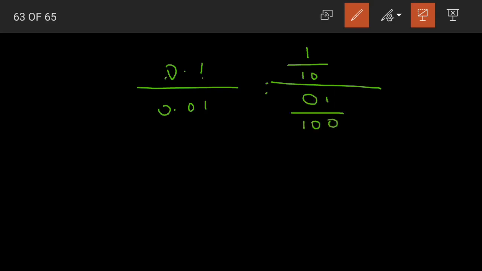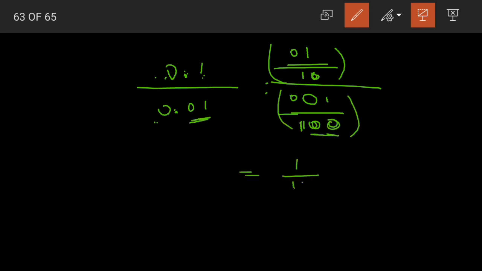Here 0.1, if I have to remove the decimal point, I have written 10 as the denominator for it, and then for the denominator 0.01, I have removed the decimal point and written 100 in the denominator. We are having 2 decimal places, so 2 zeros.